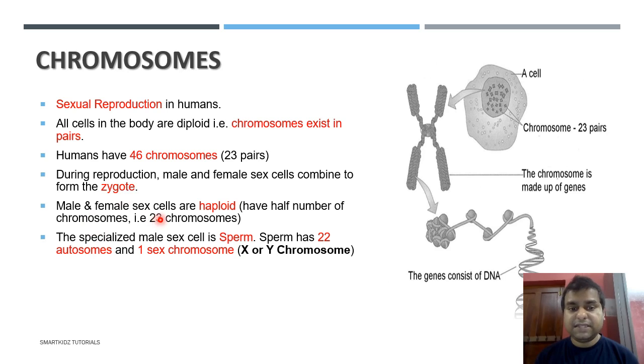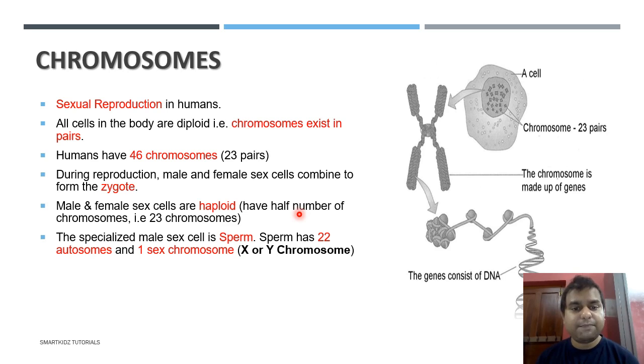Male and female sex cells are haploid, so having half the number. We, as individuals, are diploid. That is 100%. So we have received 50% from our father, 50% from our mother. But when we look to reproduce, we give only half of it. So that is haploid.